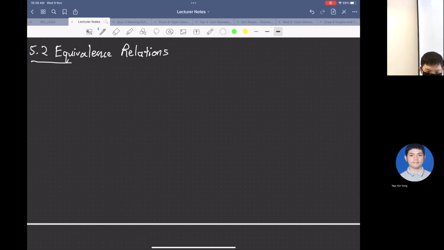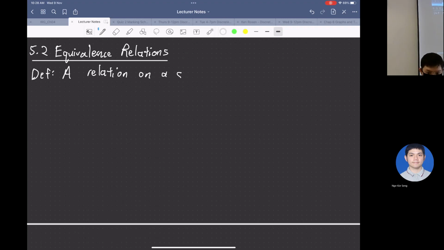And this special relation is very useful. So what is it? Equivalence relation. A relation on a set A. First we define the binary relation, right?